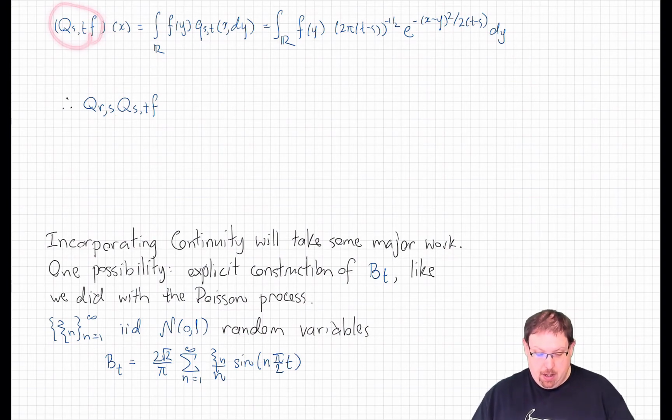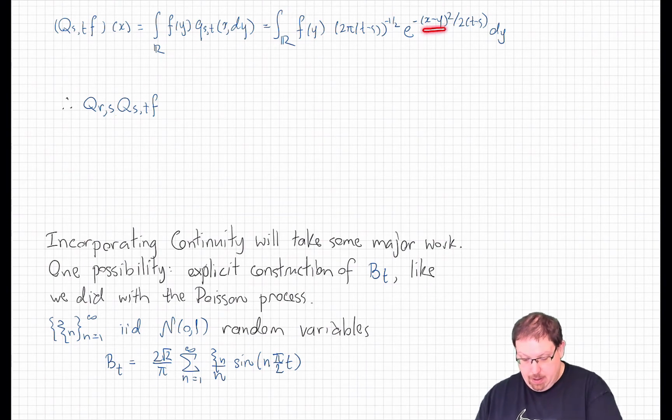Now for s less than t, let's work in terms of the transition operators. QST of a bounded measurable function is the integral of that function against the transition kernel, so that's this right here. And now we can just recognize that that is an integral of this function against the Gaussian density of variance t minus s evaluated at x minus y, which is exactly our definition of convolution. This is the convolution of the Gaussian density, gamma t minus s, convolved with the function f at x.